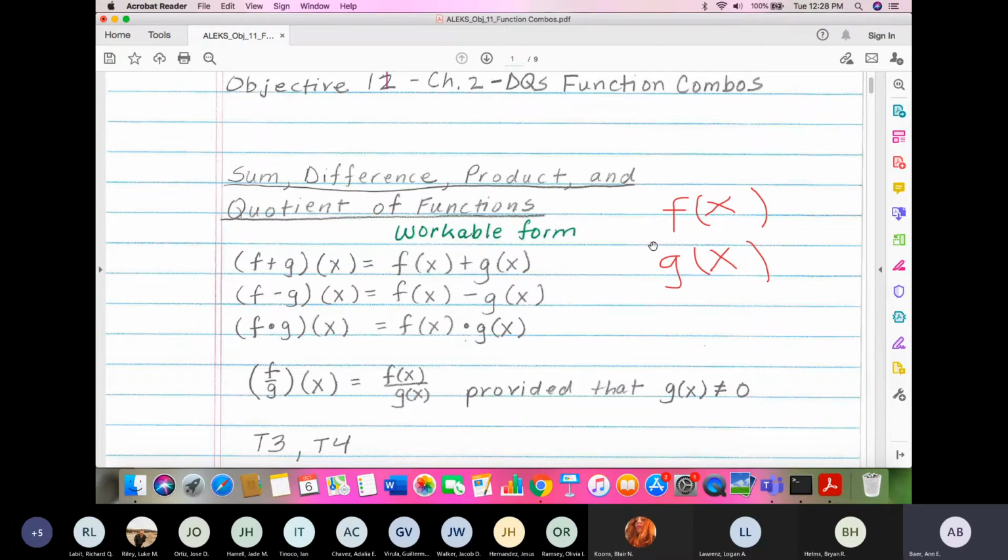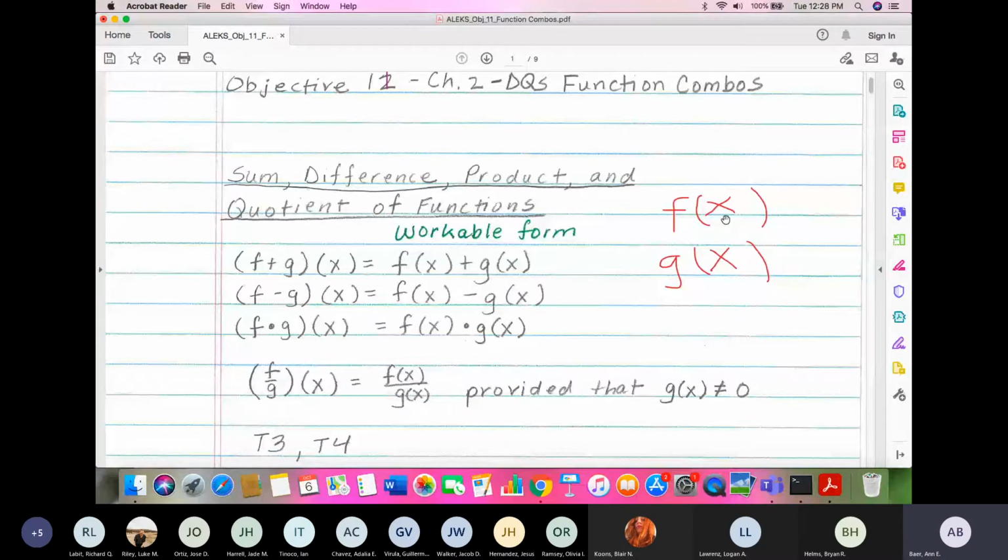So what is the object here? Typically we write our problem saying we want something like this: F plus G at a particular x. That x in parentheses is the input. This F is the output.